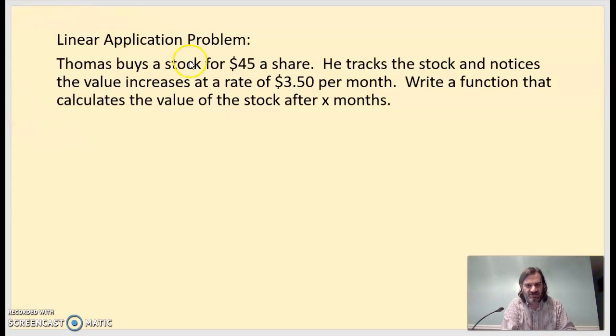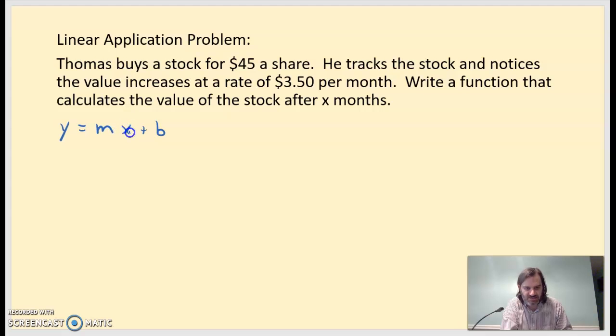So first of all, we need to remember what a linear function or a linear equation looks like. In general, the linear equation is y equals mx plus b.